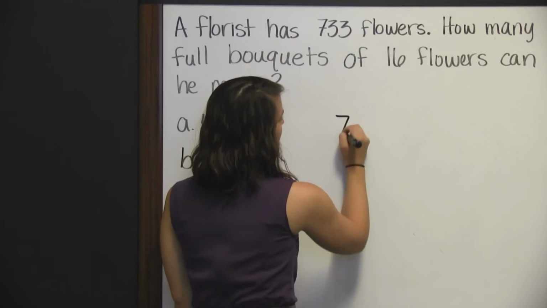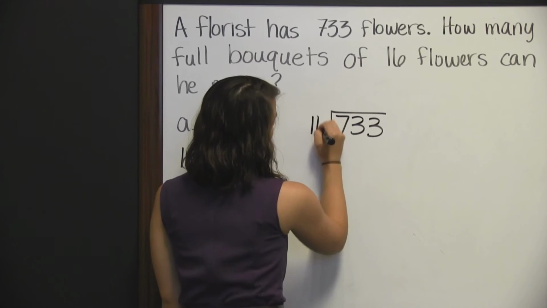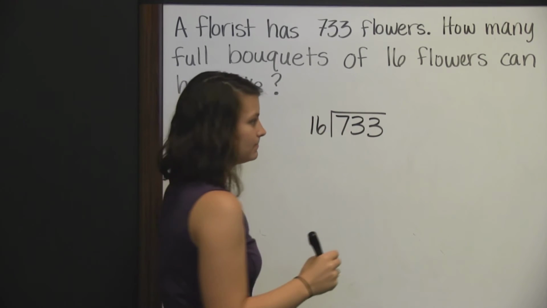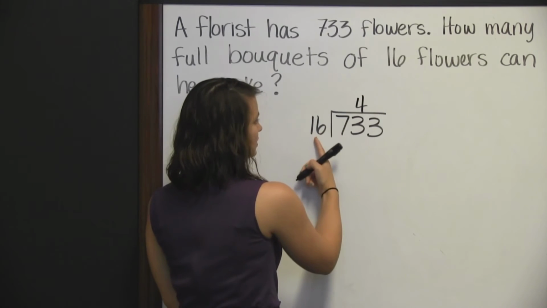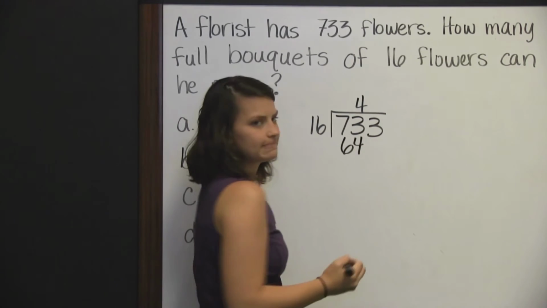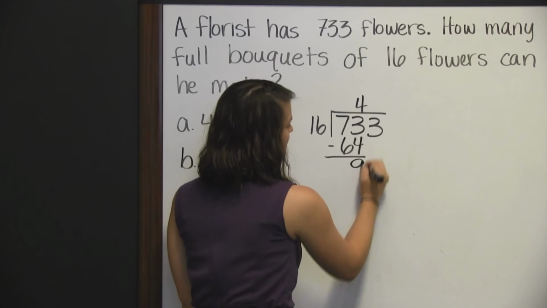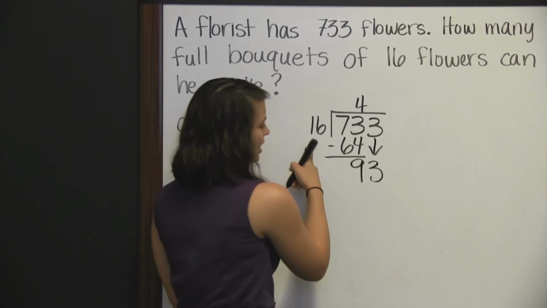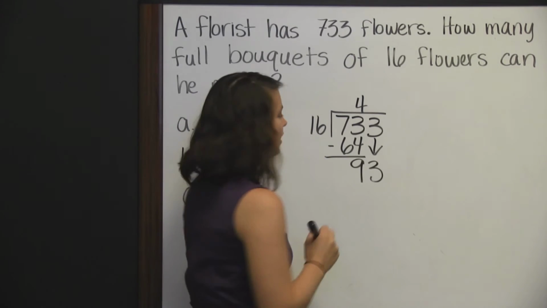So we take 733 and divide it by 16. 16 goes into 73 4 times. 16 times 4 is 64. And then we subtract. And we get 9. Bring down the 3. And 16 goes into 93 5 times.